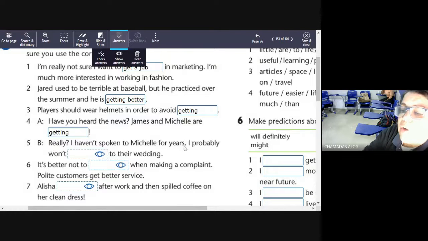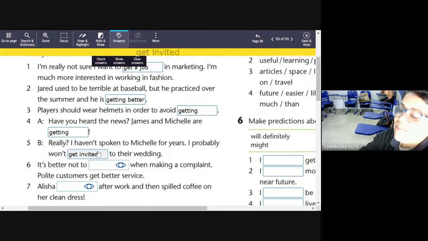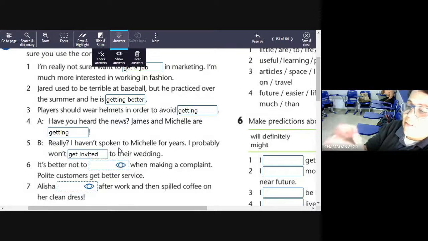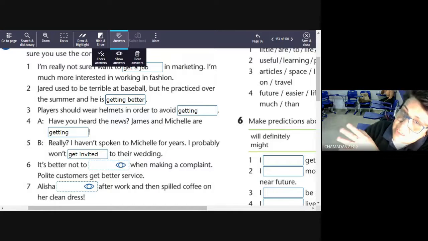Here it is talking about something related to being invited. So I probably won't get invited. Yes. Because they don't get in touch. They haven't talked for a while, like for years. And so probably she thinks she won't get invited.